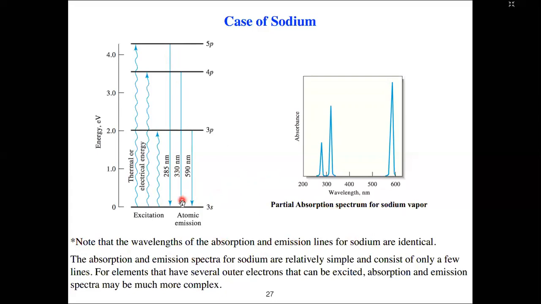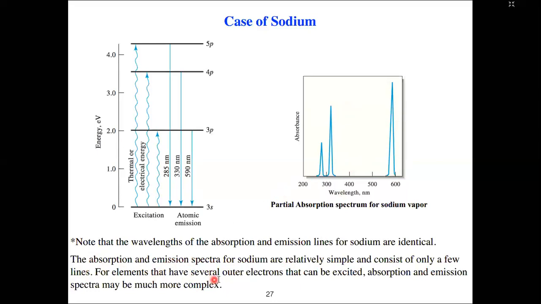So you might have the question, why do we have to do absorption or emission, why can't we just do one of them? There are several advantages to both techniques, which we'll be discussing in detail in lectures 7, 8, and going forward. The absorption and emission spectra for sodium are relatively simple and consist of only a few lines. These are the lines. As you can see, there are only a few lines.